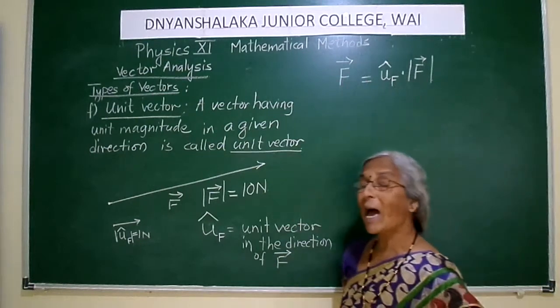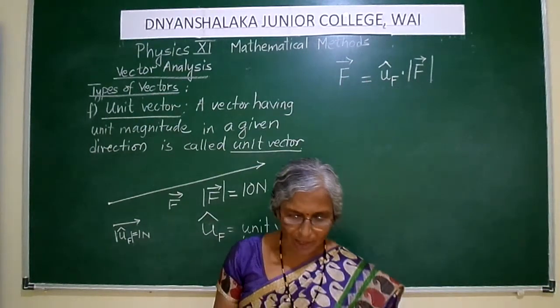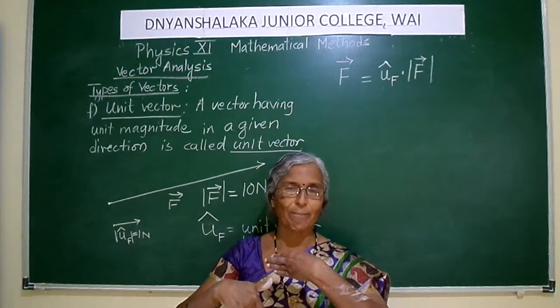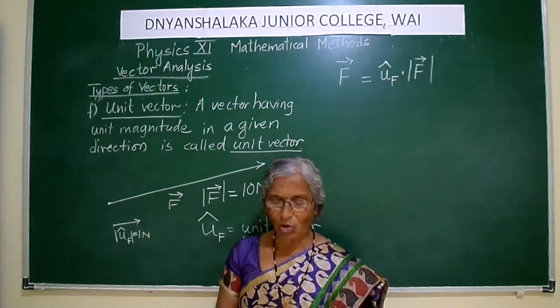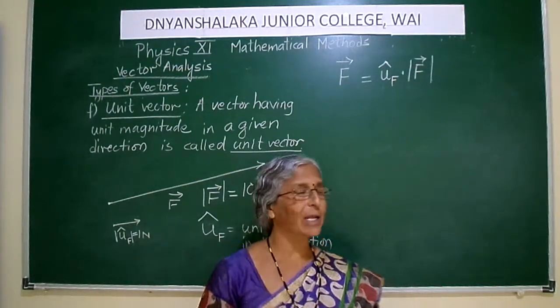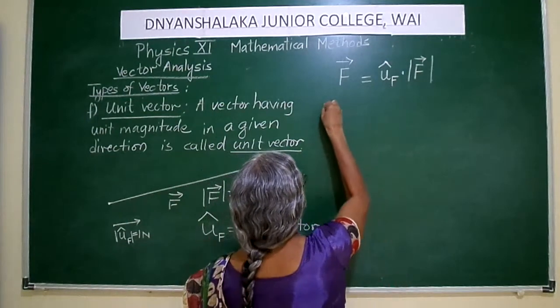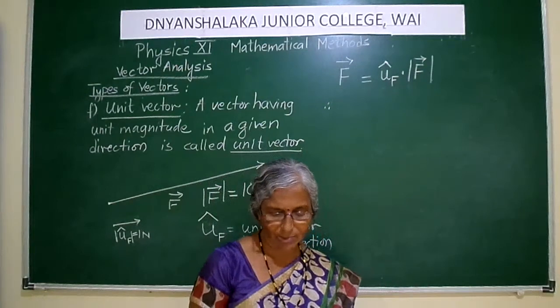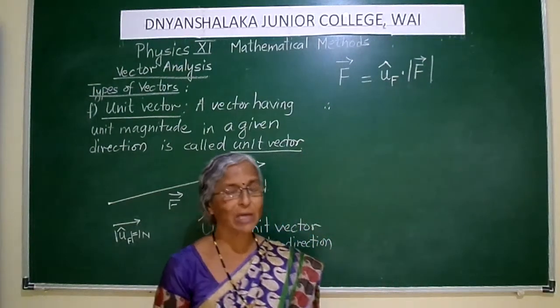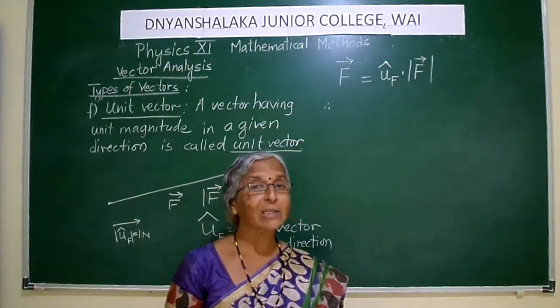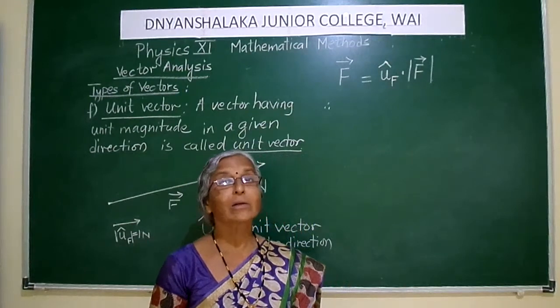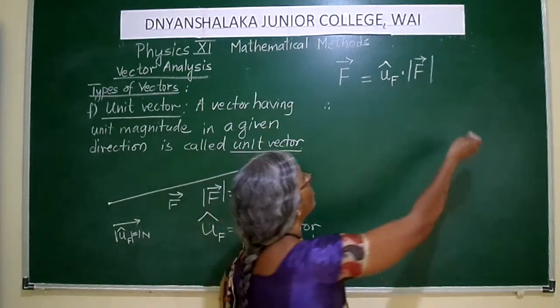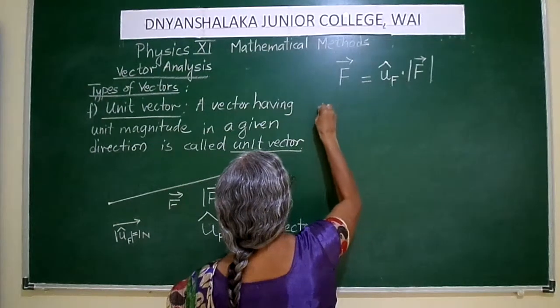So the direction of this vector F is given by its unit vector, and this value gives me the magnitude. So what has the unit vector done? The unit vector has separated the magnitude of a vector from its direction. So if I want to calculate the magnitude of a vector, यदि मुझे किसी वेक्टर का मैग्नीट्यूड कैलकुलेट करना हो या किसी वेक्टर का यूनिट वेक्टर कैलकुलेट करना हो, तो इससे रिलेशन क्या मिलता है मुझे?